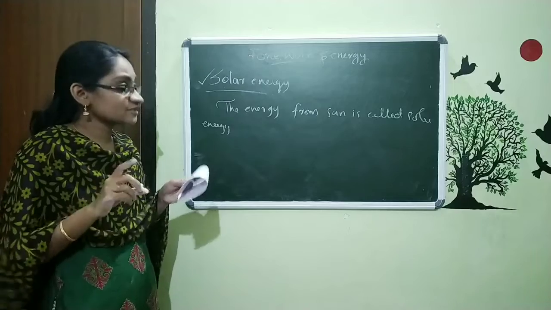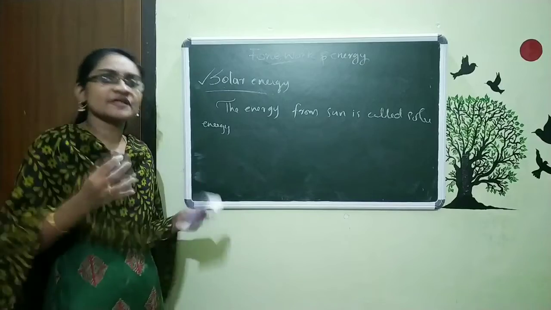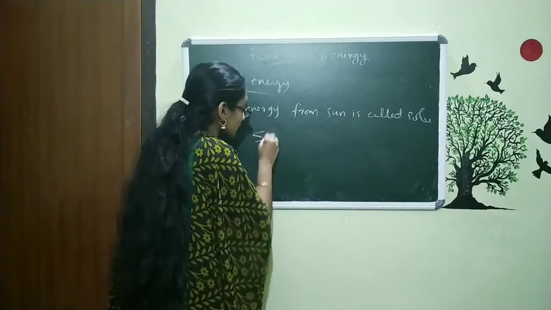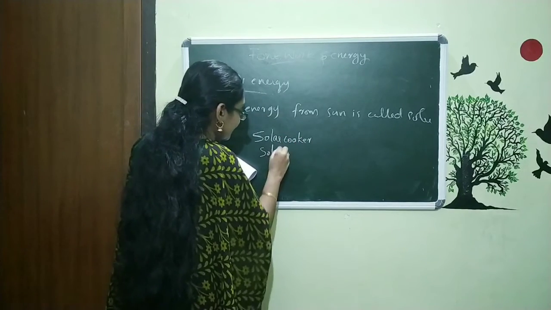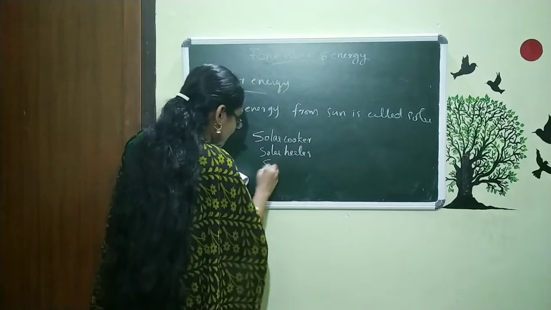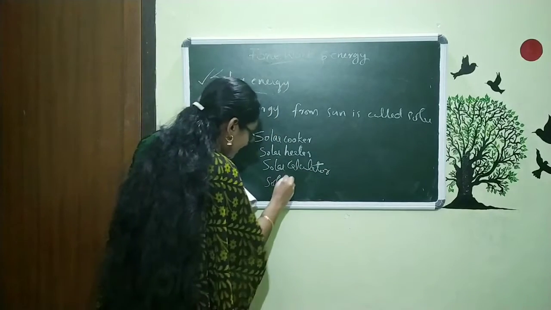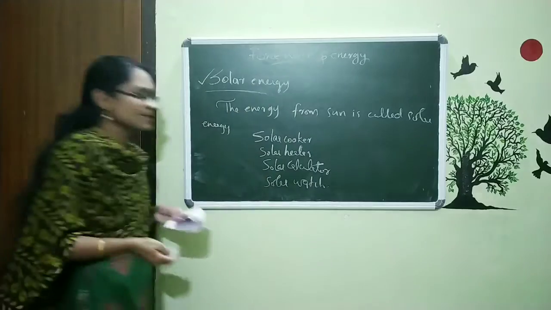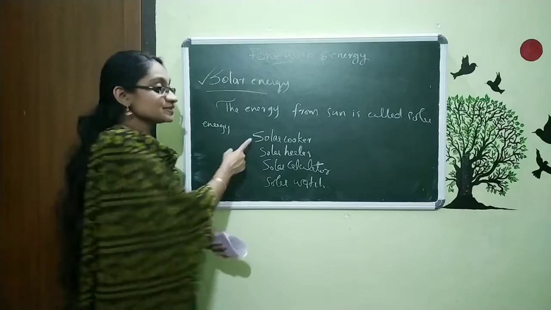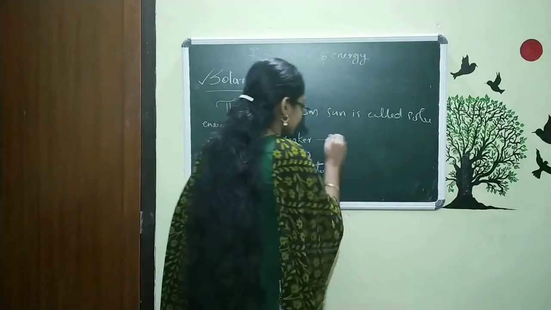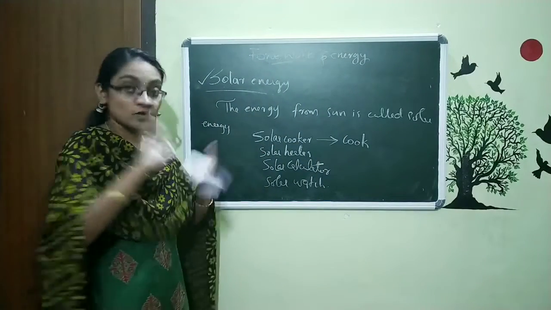Now, where are we utilizing solar energy? We utilize it in different devices like solar cooker, solar heater, solar calculator, solar watch, etc. The solar cooker we use to cook food, and there we are utilizing not LPG, no cylinder, no gas.